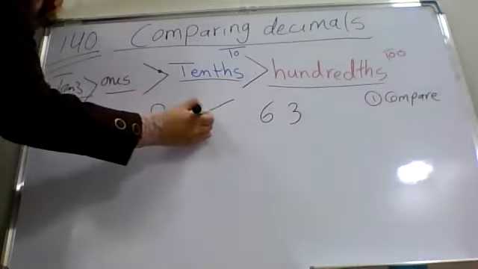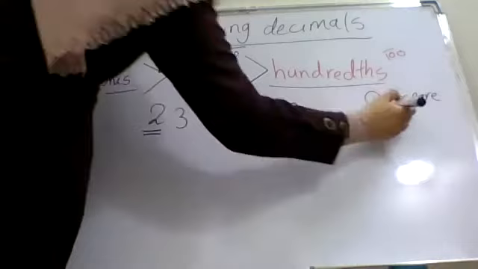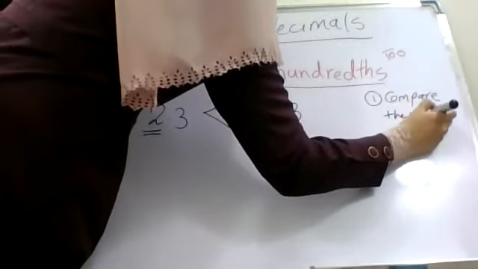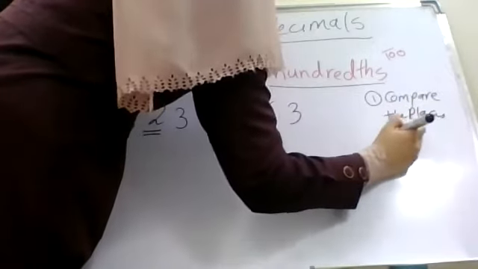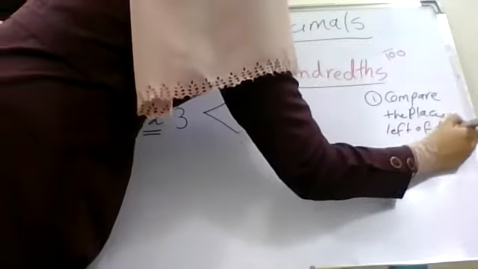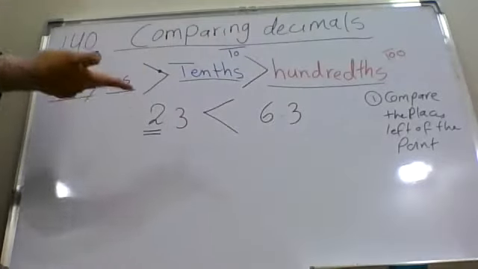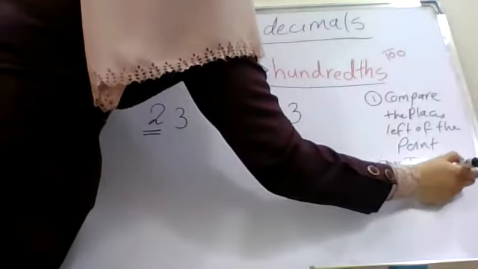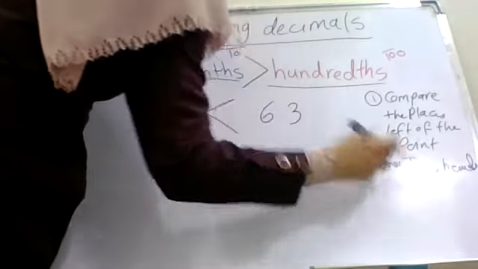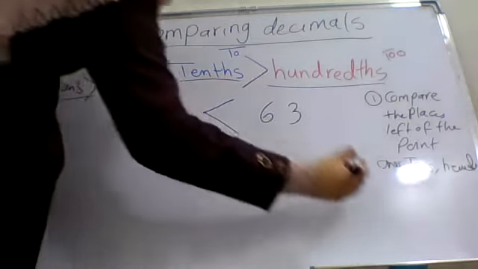So in this case, for sure, number 6 is bigger than number 2 because we start by comparing the places on the left of the point, which are the ones place, tens place, hundreds place. We usually know how to compare these numbers from previous lessons. But after that, you start to compare the 10th place.